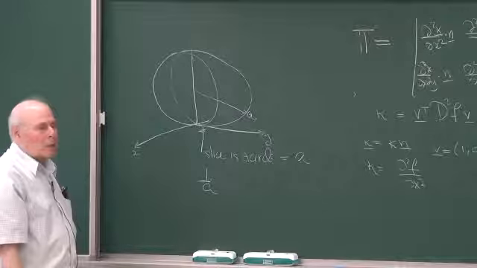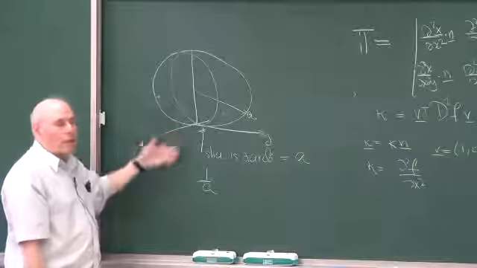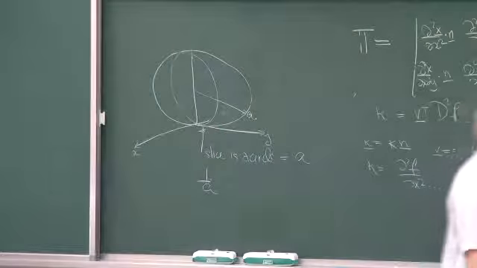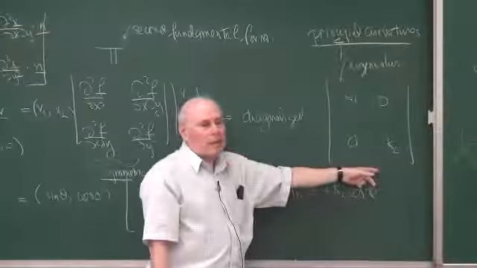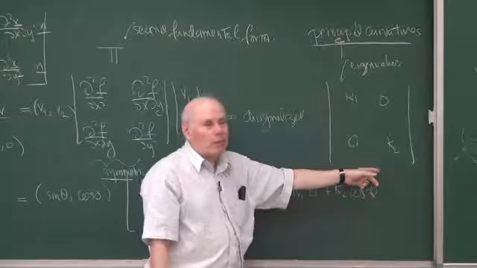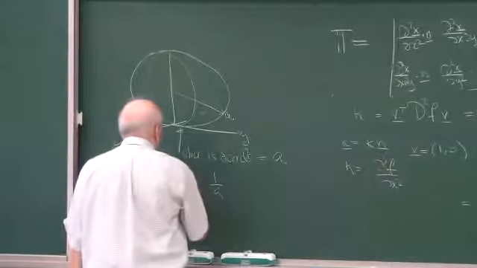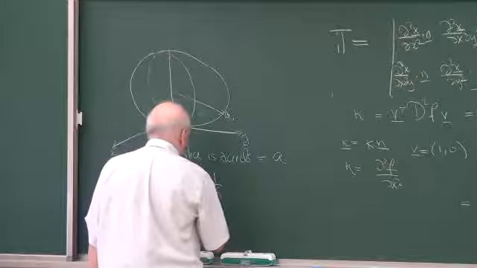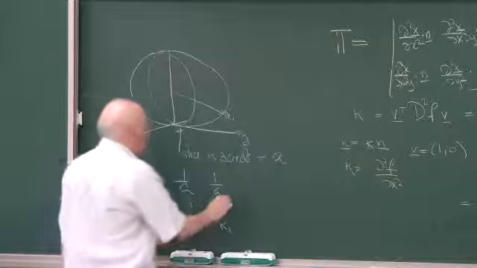So that's very nice. I know every slice will give curvature 1 over A, so it doesn't make any difference which slice I get. I'll always get 1 over A, 1 over A. The two principal curvatures are equal, and their product is 1 over A squared.